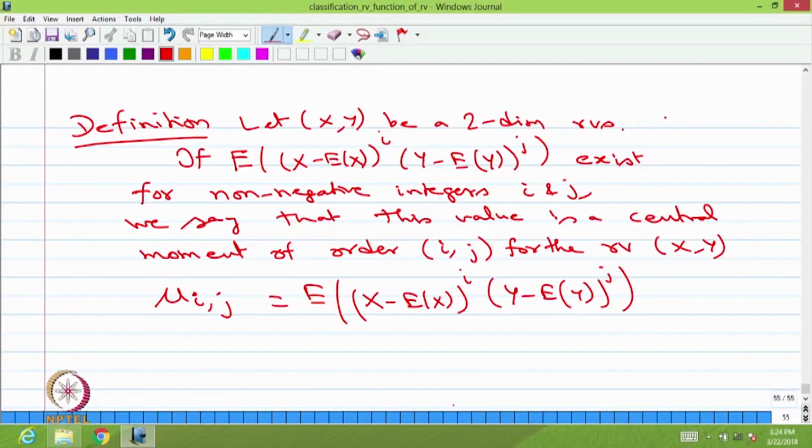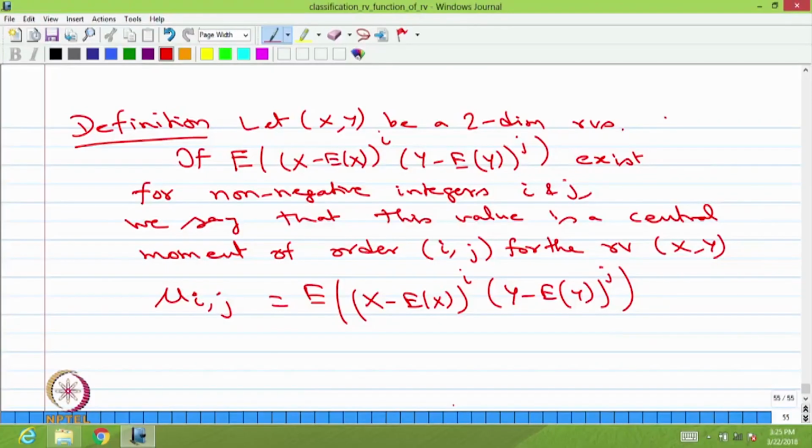After the expectation of this function of X and Y exists, we can conclude this value is the central moment of order i, j. Here i, j are both non-negative integers.